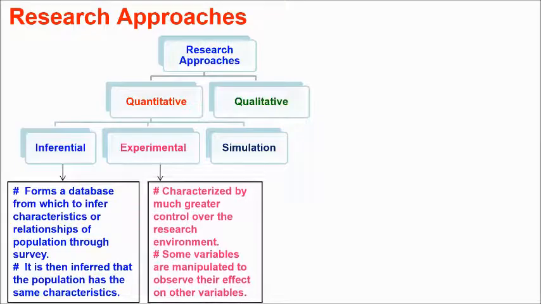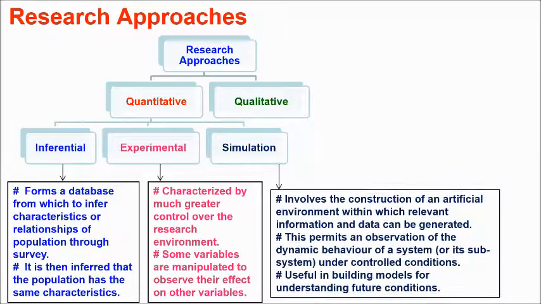Experimental type of research could be characterized by much greater control over the research environment. Some variables are manipulated to observe their effect on other variables. Under simulation type of research, the construction of an artificial environment within which relevant information and data can be generated is present.